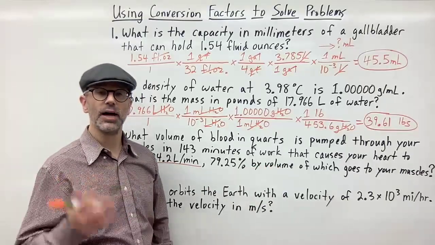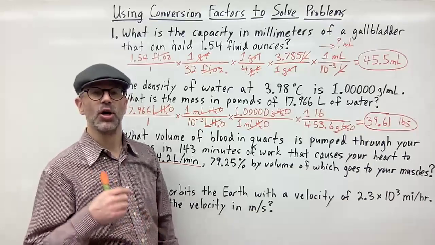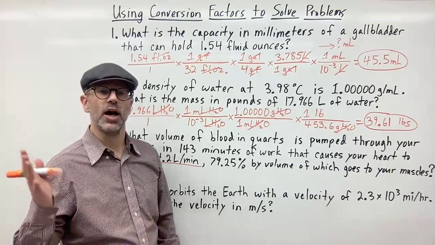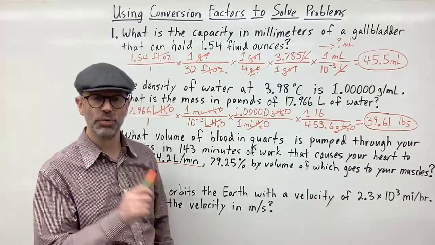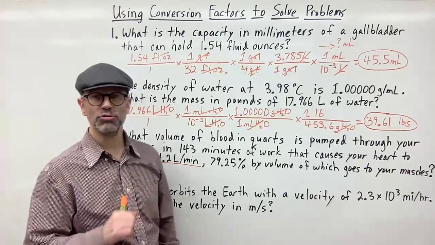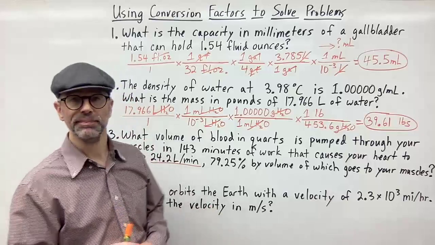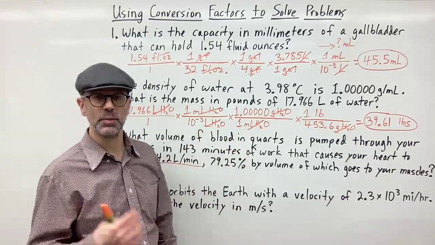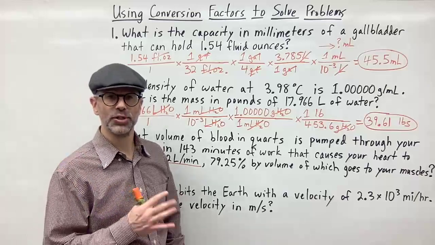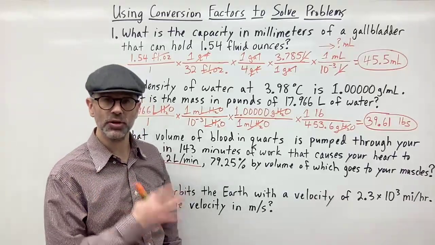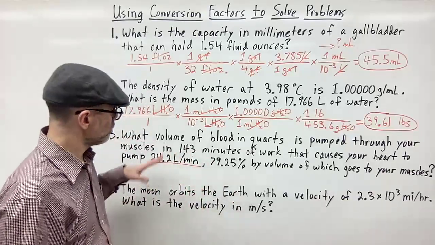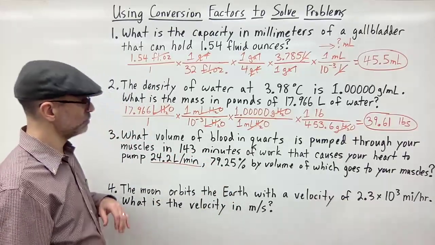Out of 100 liters of blood that gets pumped to your heart, 79.25 liters gets pumped through your muscles. You could use gallons, right? Out of 100 gallons of blood that's pumped to your heart, 79.25 gallons is pumped through your muscles. So that's how you can use the relationship. So that's a conversion factor.